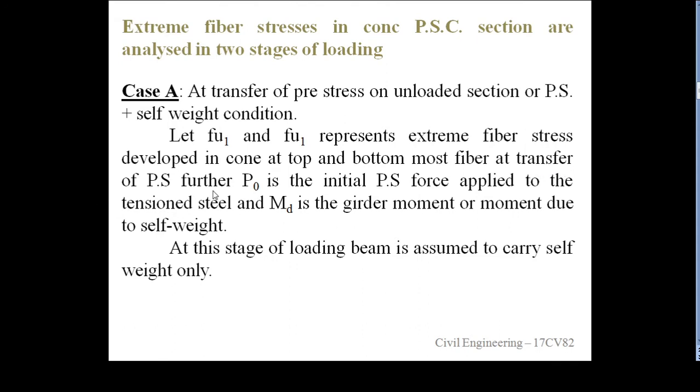Further, P0 is the initial prestressing force applied to the tension steel, and MD is the girder moment, or moment due to self-weight or dead load, whatever it may be.